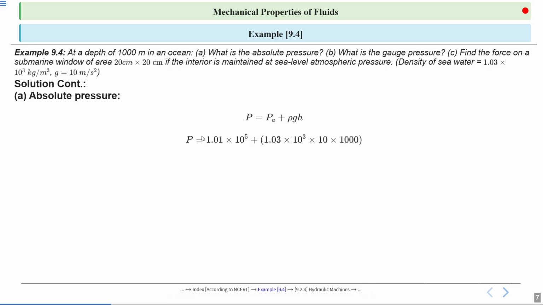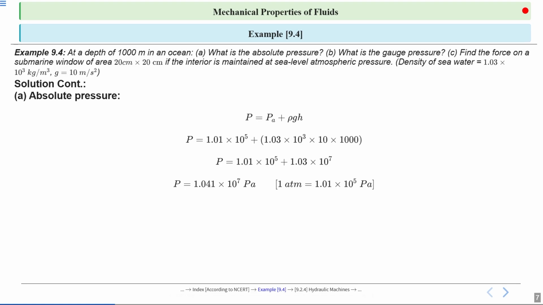Solving this, you will get the value of P. So simplifying the equation, we get P equal to 1.01 into 10 raised to the power 5 plus 1.03 into 10 raised to the power 7. So we calculate the absolute pressure as P equal to 1.041 into 10 raised to the power 7 Pascal.